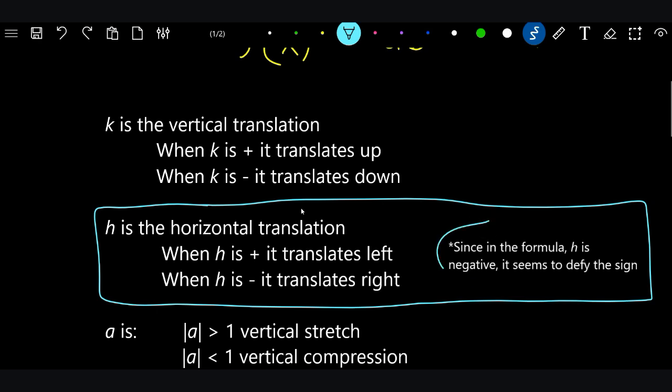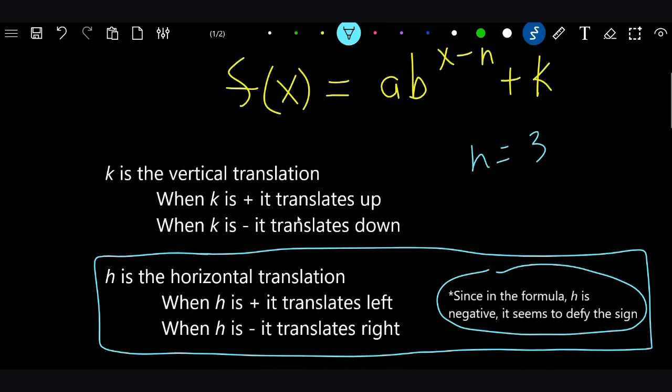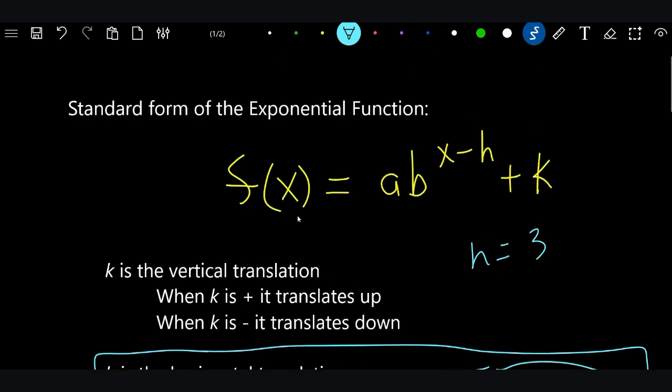Now, since the formula has an h with a negative sign, it seems to defy the sign. In other words, it seems to go backwards. Let's say my h equals 3. Well, that 3 is actually going to translate to the left. Why? Because it's got a negative sign with it. Whereas if h equals -3, that is going to translate to the right.